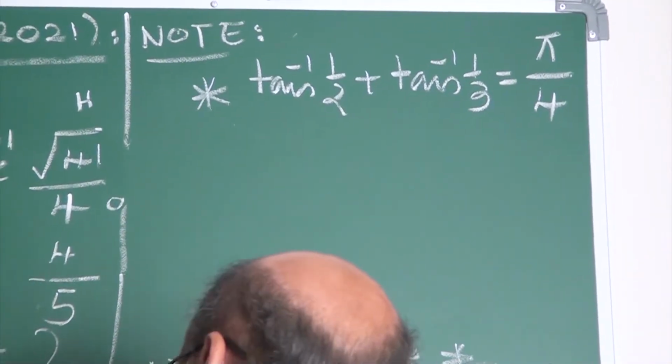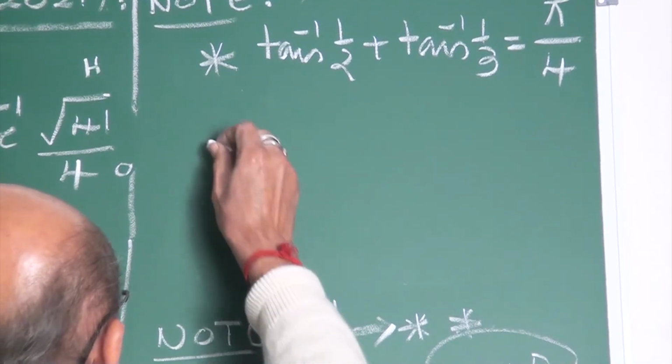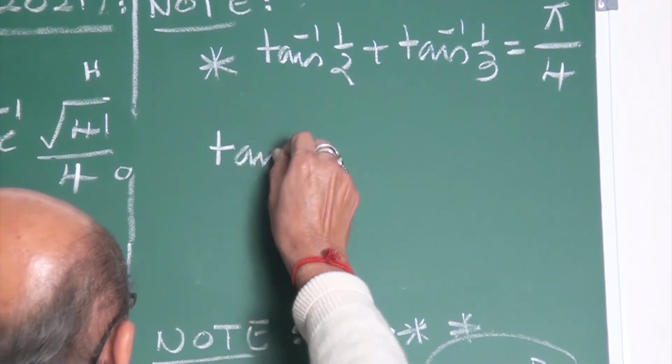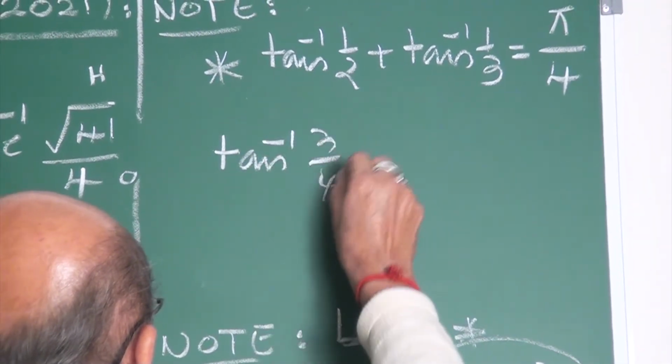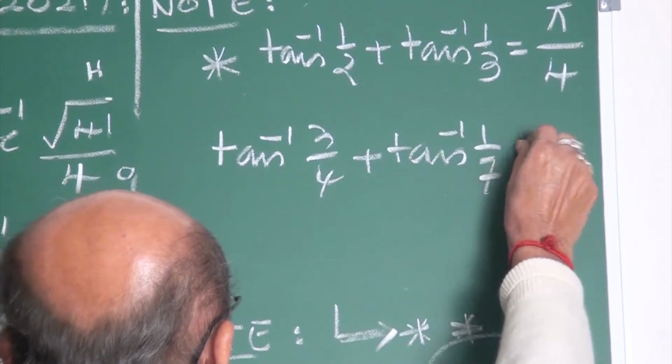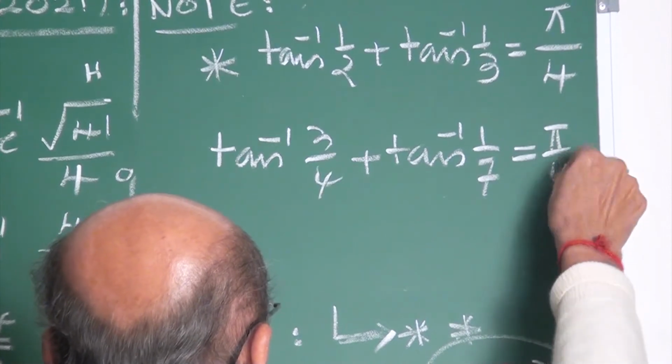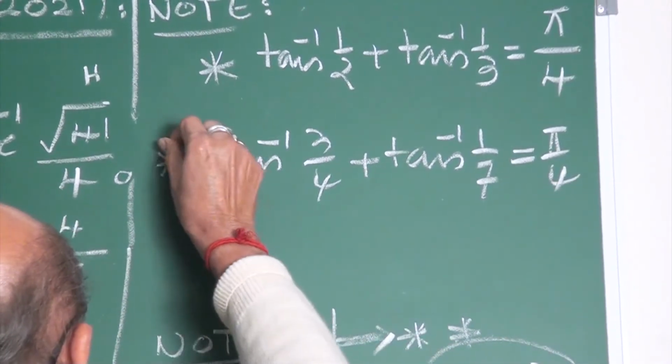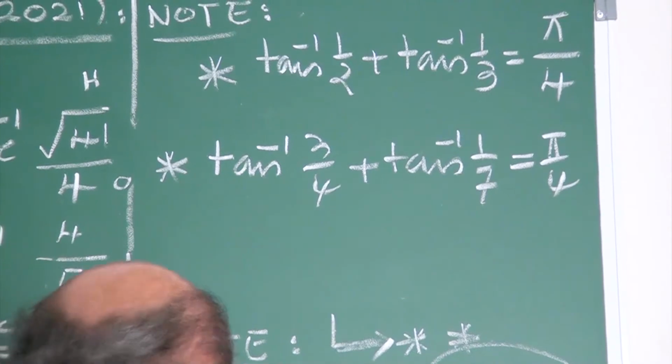So, this is tan inverse 3 by 4 plus tan inverse 1 by 7. It is what, my friend? Pi by 4. Based on this, you have some 1 or 2 examples, my friends.